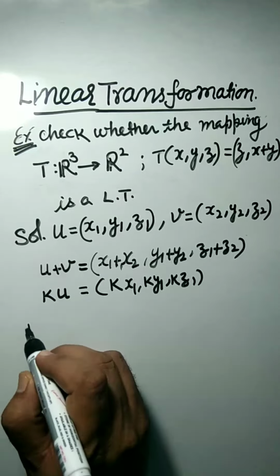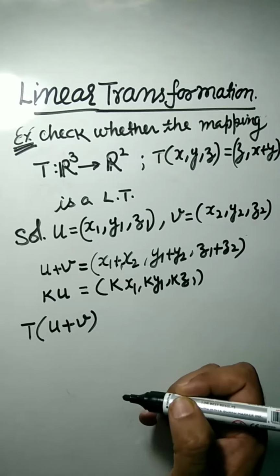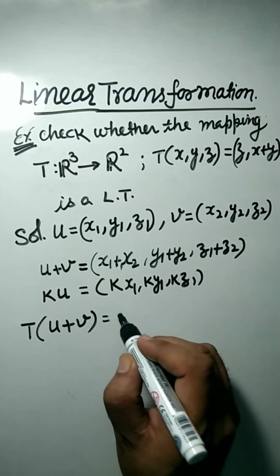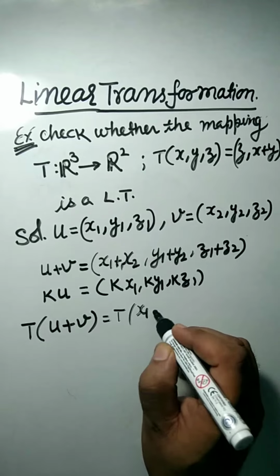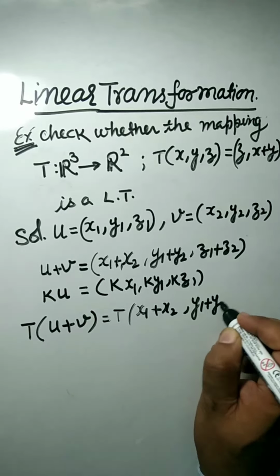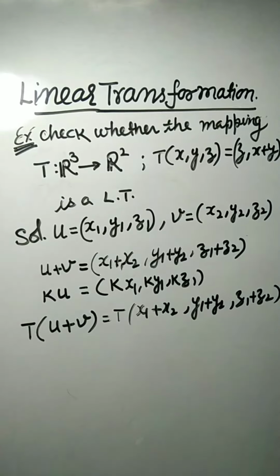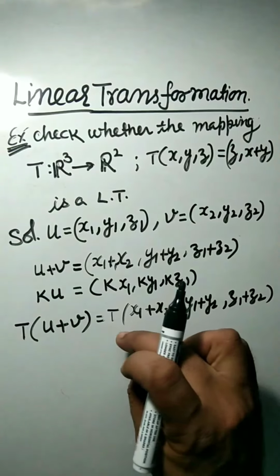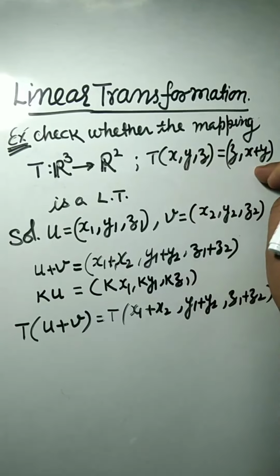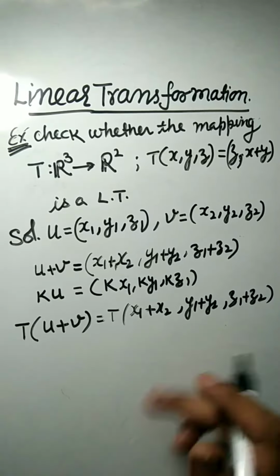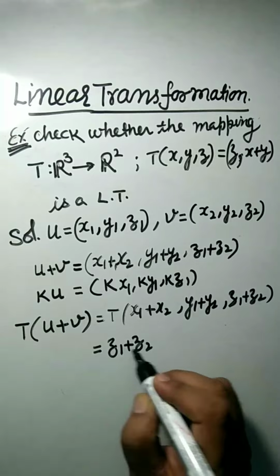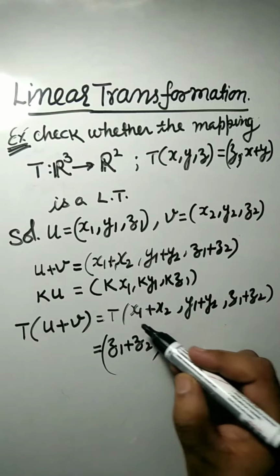Now applying the transformation T(u + v), as we have discussed in the first property of linear transformation, the sum of vectors, T(u + v) equals T(x1 + x2, y1 + y2, z1 + z2). Applying the basic definition, (z, x + y), we put here z1 + z2, comma, x + y.